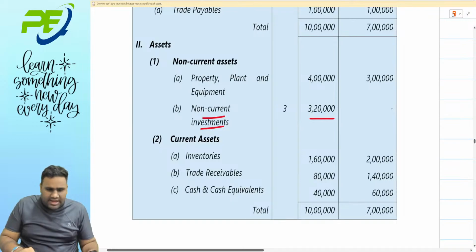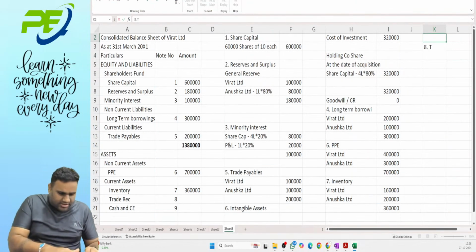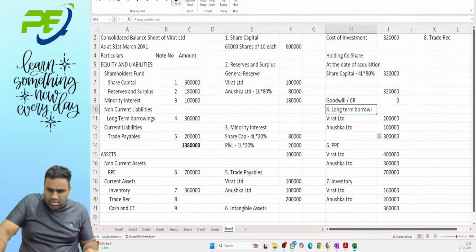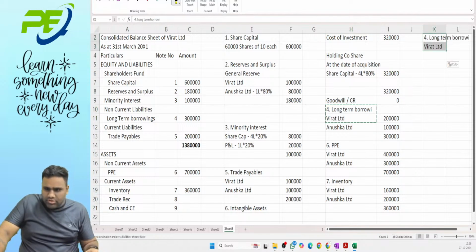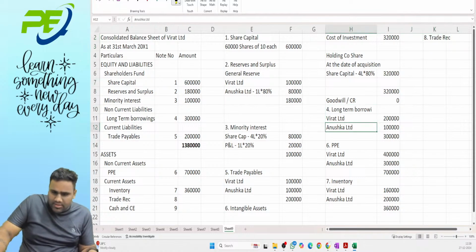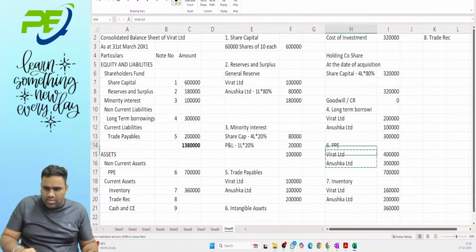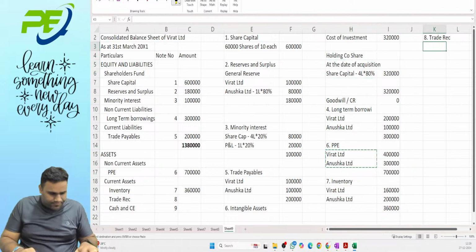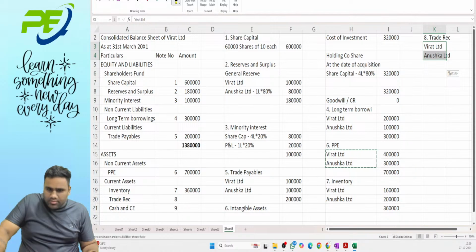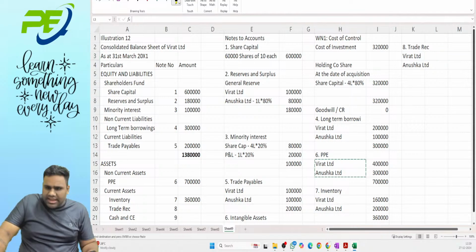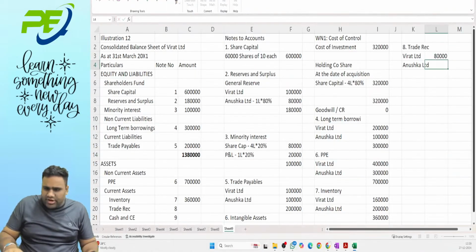Then trade receivable, cash and cash equivalent. Everything is going upside down. So yes, trade receivable 80 and 140.